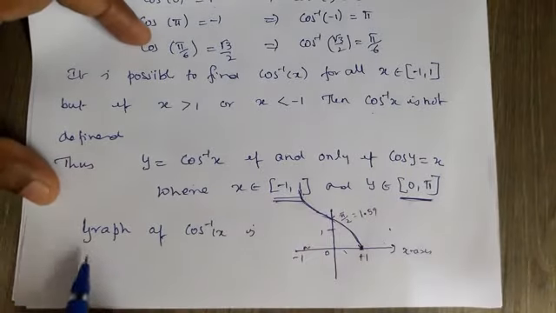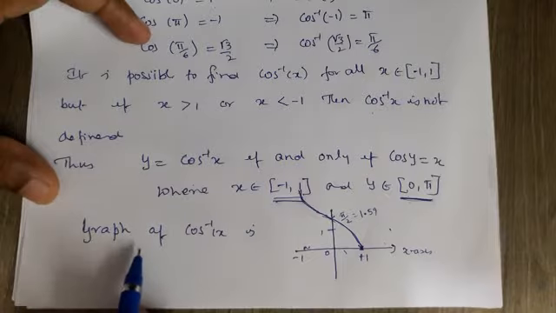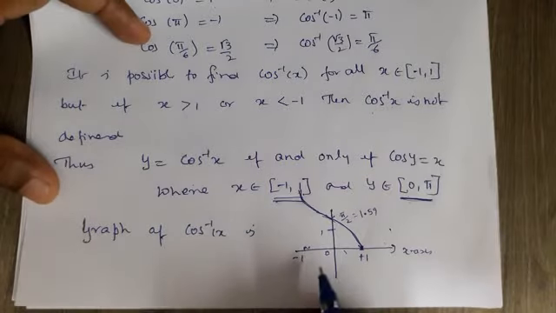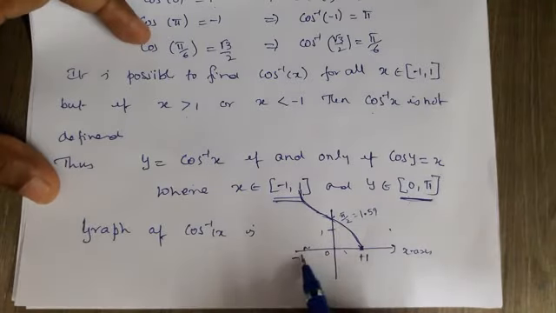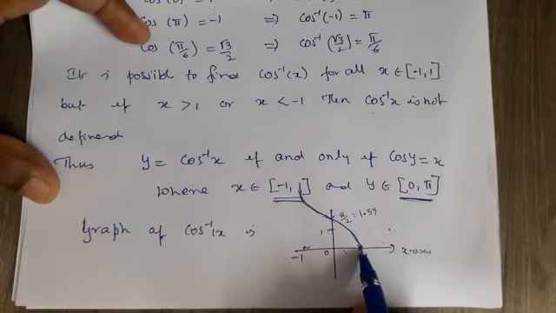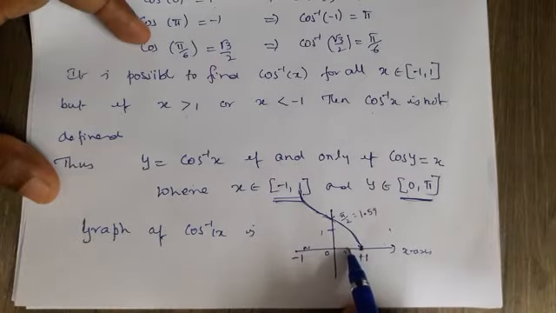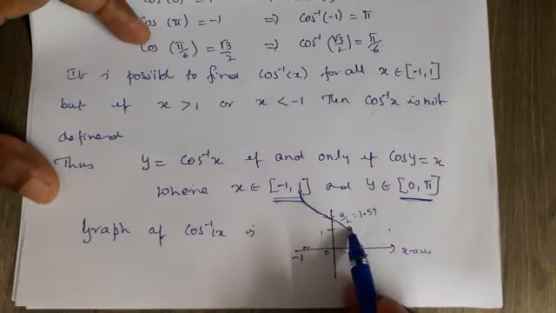And how is the graph of the function? Here cos inverse x is defined in between minus 1 to 1, and you know that cos inverse of 1 is 0, and if you decrease the value from 1, the value of cos inverse x increases. Cos inverse of 1 by root 2 is pi by 4.